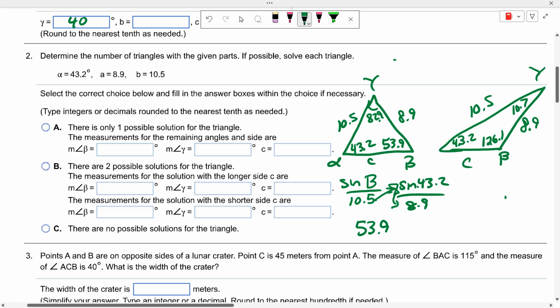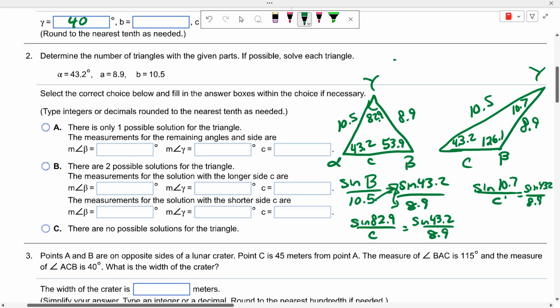And then you just do the law of sines now. So it's the sine of 82.9 over C equals the sine of 43.2 over 8.9. And you cross multiply and solve. Over here, it's the sine of 10.7 over C equals the sine of 43.2 over 8.9.